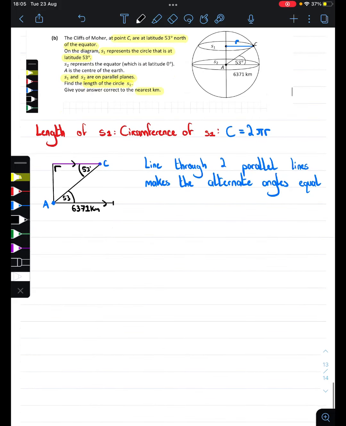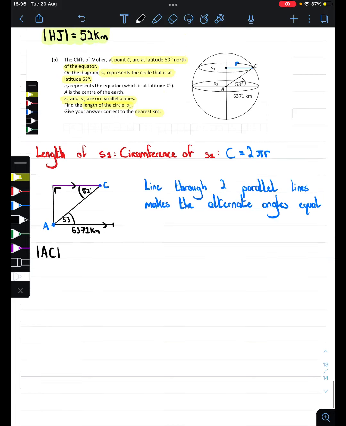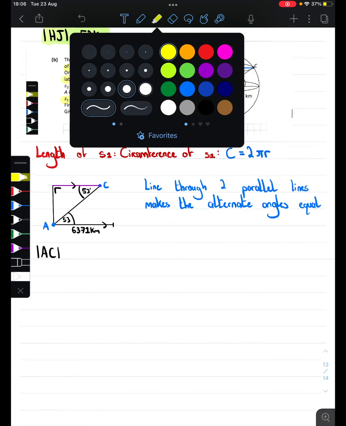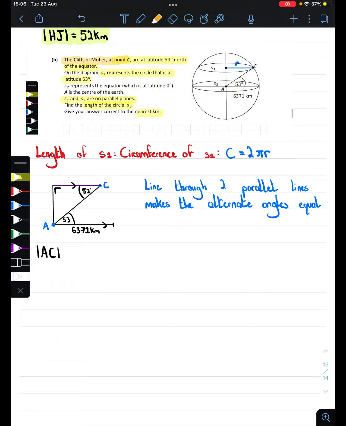We know that the length AC, which is the distance from the center of the Earth to the cliffs of Moher at point C, is 6,371.214 kilometers.